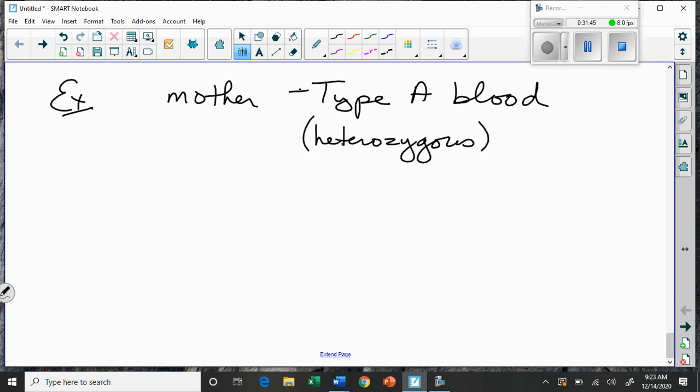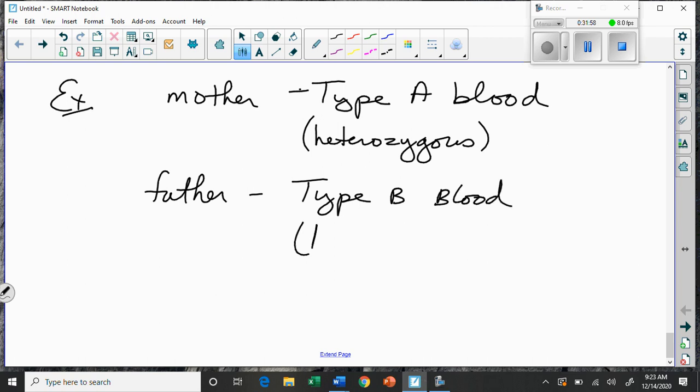Heterozygous. And then you have a father who has type B blood, and he's also heterozygous.